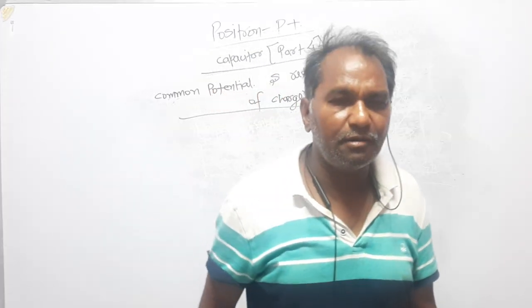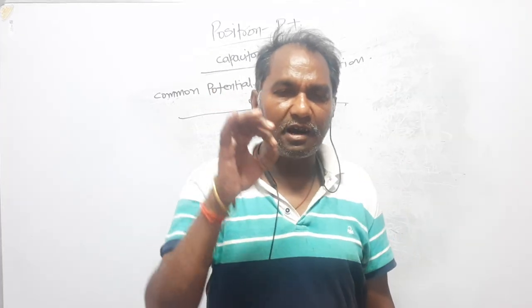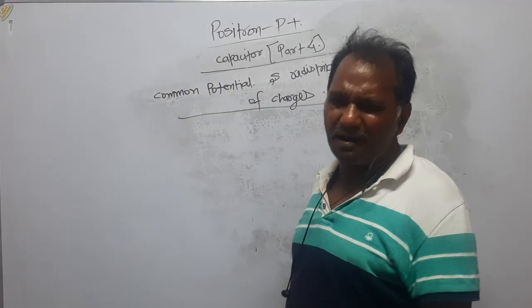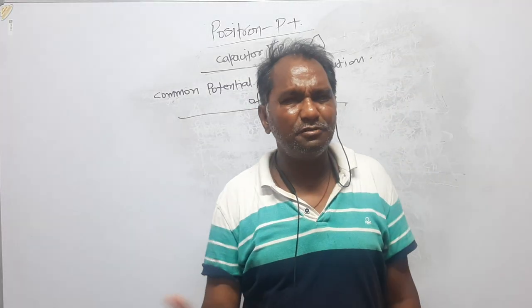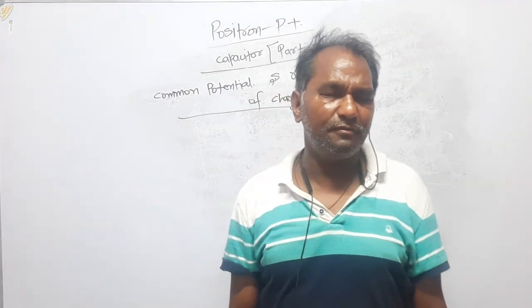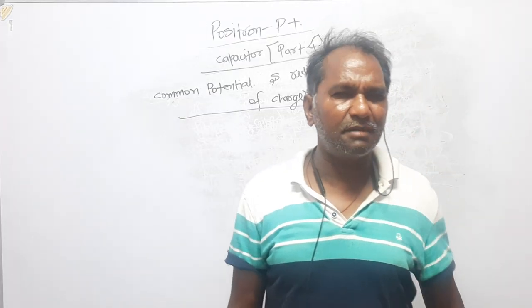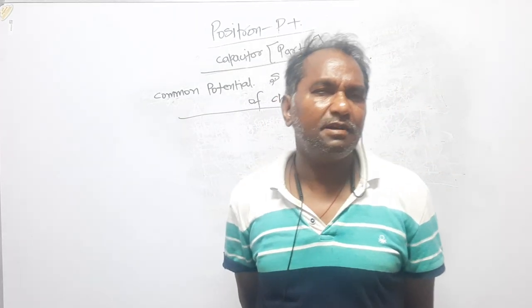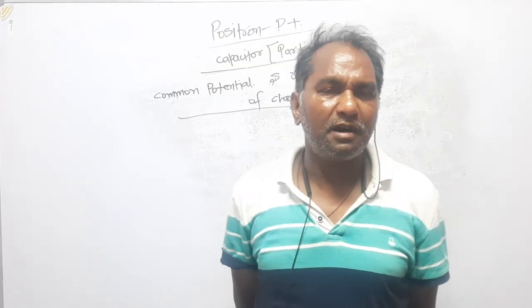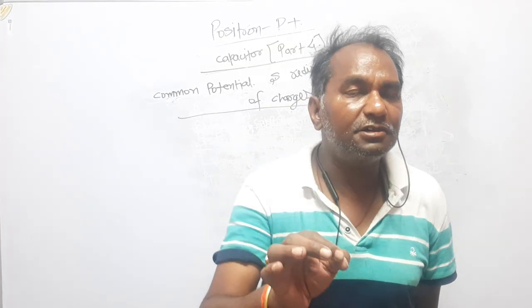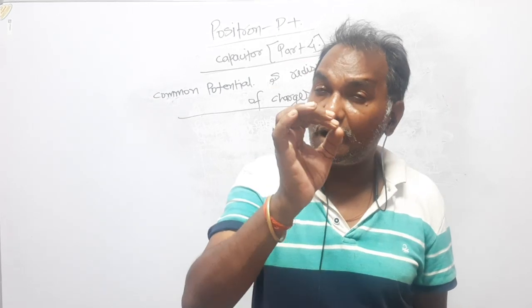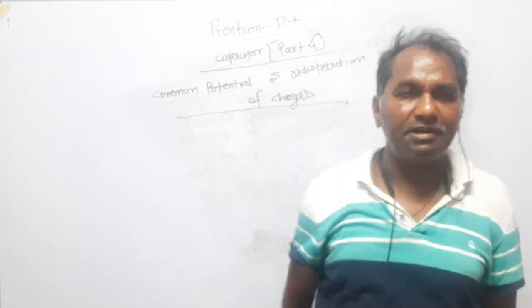Dear student, I am discussing common potential, but when you are studying electricity, some basic concepts you should know. What I have said is that the direction of flow of current is the direction of flow of positive charge, and the current flows opposite to the flow of negative charge.